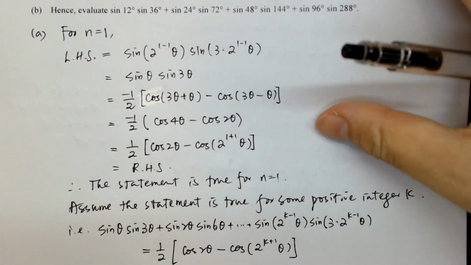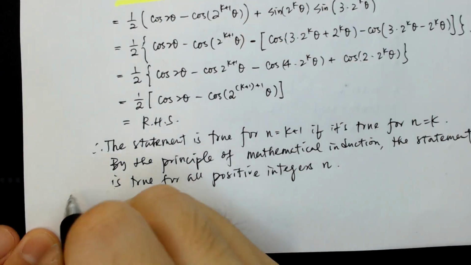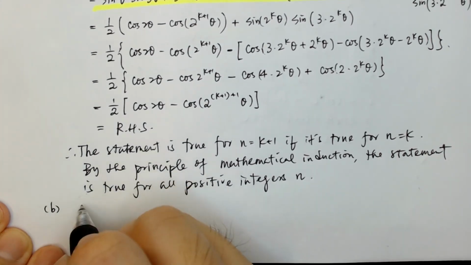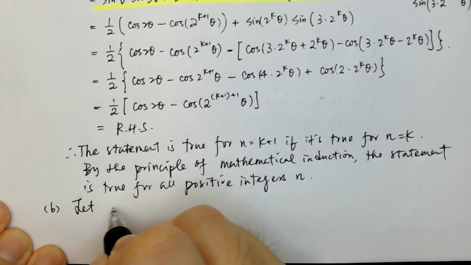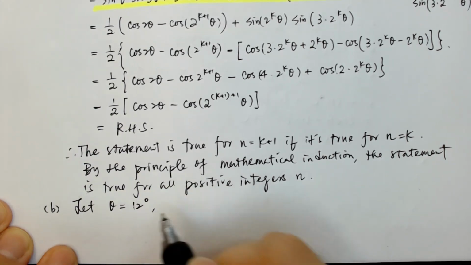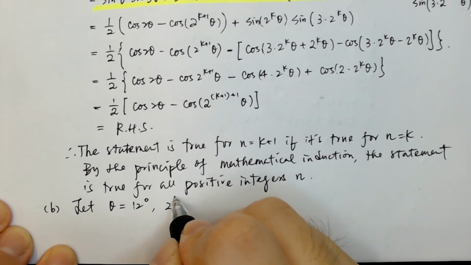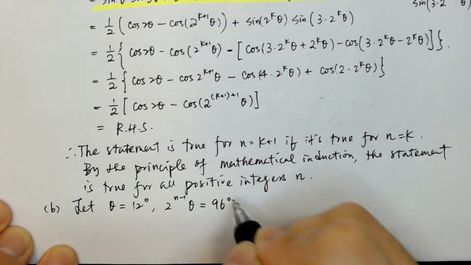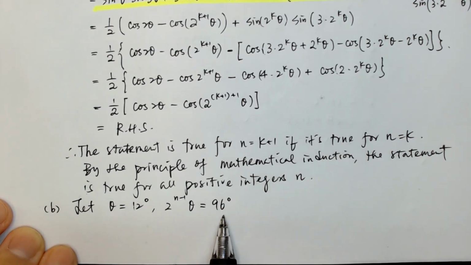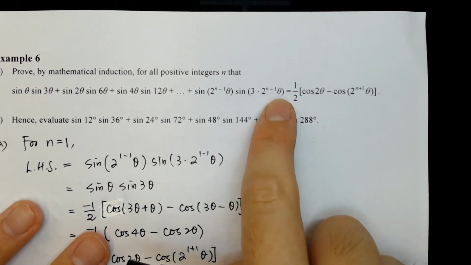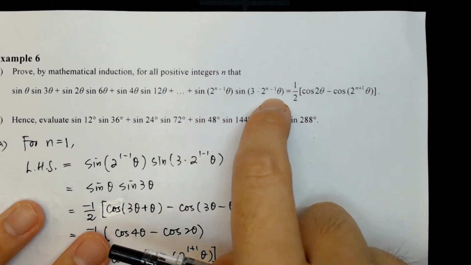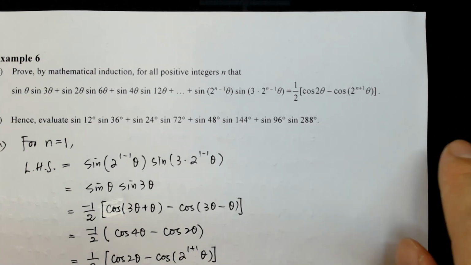So, what you need to do is to do it in this way. Let theta equal 12 degrees and 2 to the power of n minus 1 theta be 96 degrees. And also, it's better for you to check the remaining term, that is the latter one, 3 times that thing. Whether you get n being 96 and whether this result is 288 degrees or not.